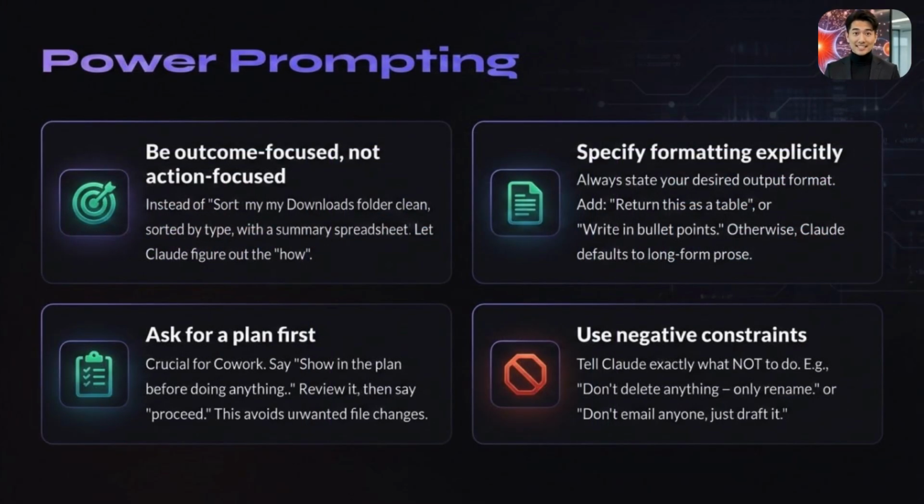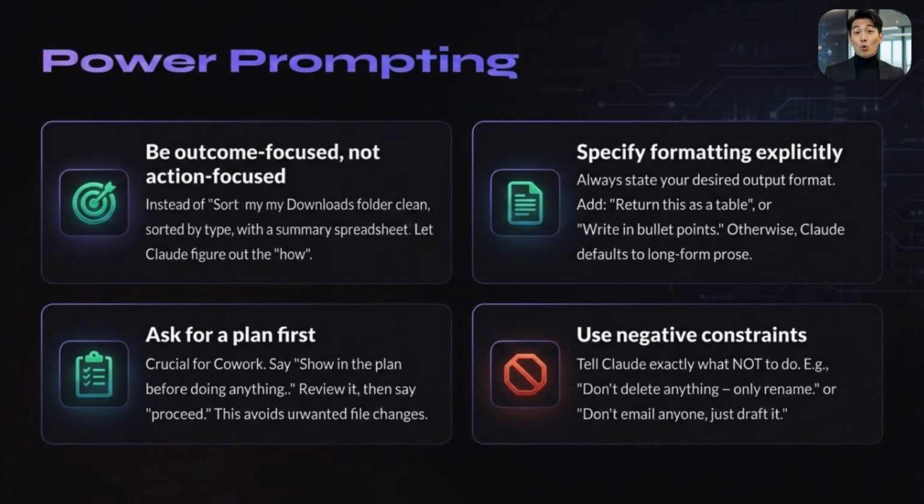But having the smartest AI means nothing if you don't know how to command it. Let's talk about power prompting. How you speak to Claude dictates 80% of your success. First, be outcome focused. Don't say, sort my files. Say, I want my downloads folder sorted by file type with a summary spreadsheet.